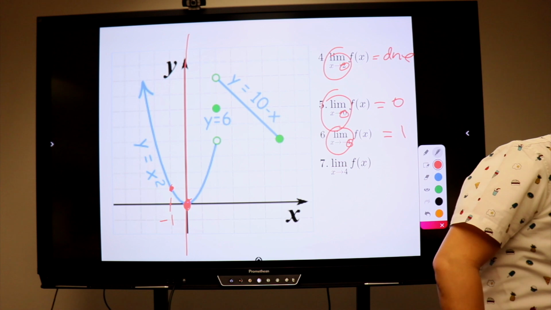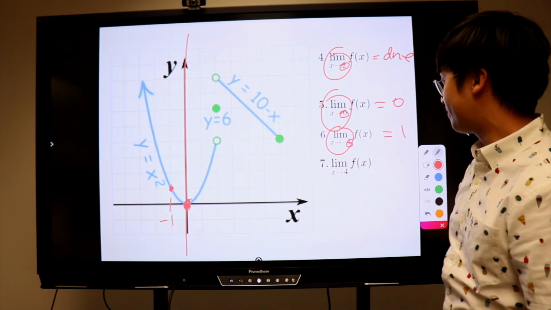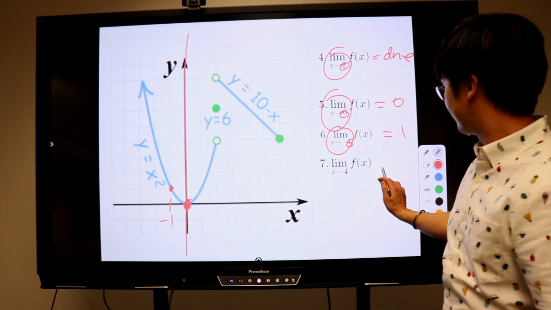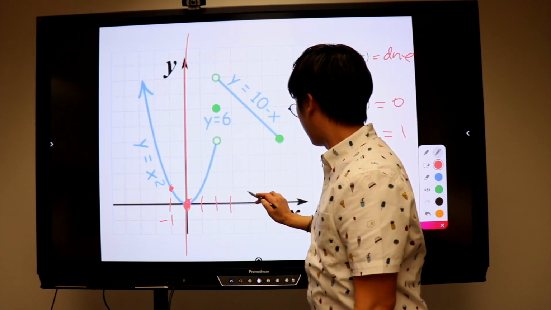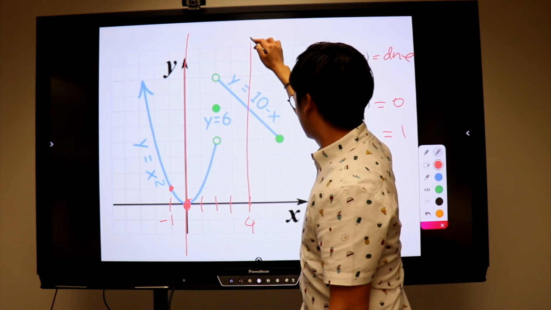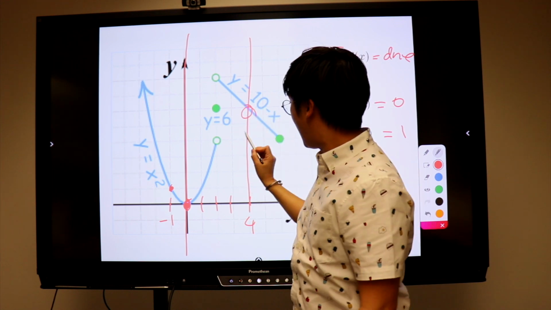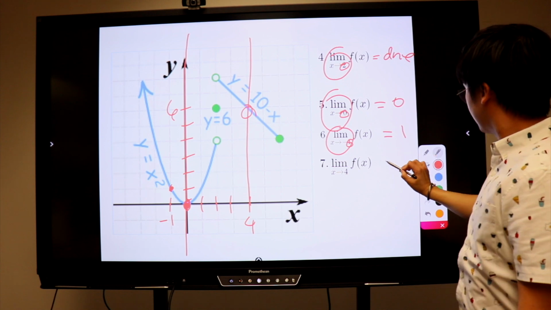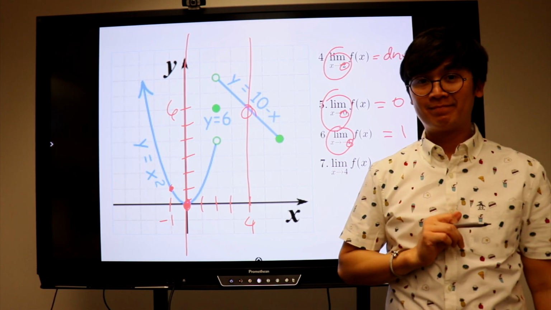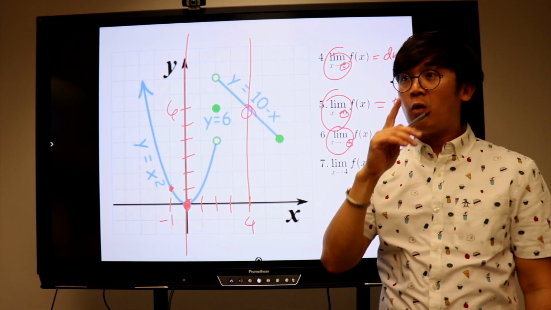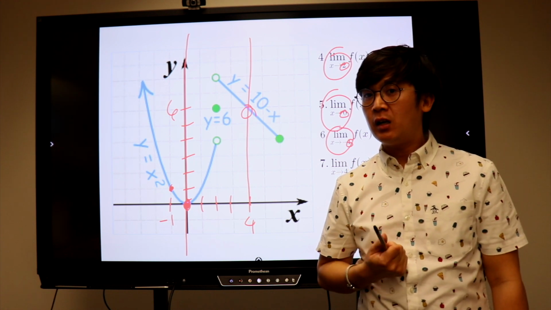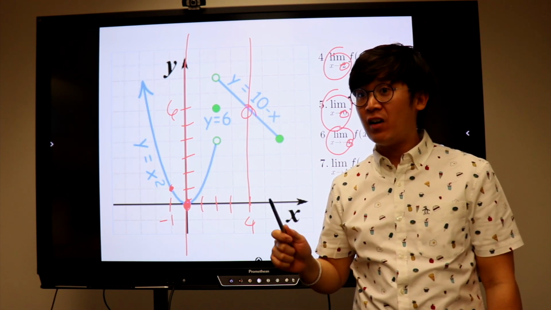Next. This one. 6. 1, 2, 3, 4. Yes, and it's at easy, right? That's why solving a problem on a limit is easier if you're given f of x in graph form.